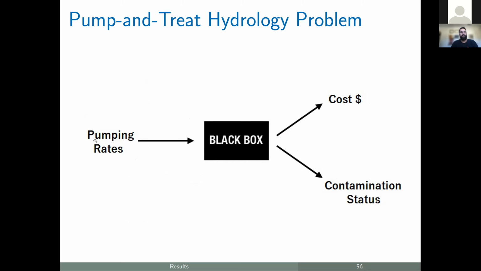So pumping rates are the things. There are 6 pumps, so there are 6 rates that we can change, 1 per pump. We're going to explore the different pumping rates that minimize the cost while making sure that we never contaminate the river.